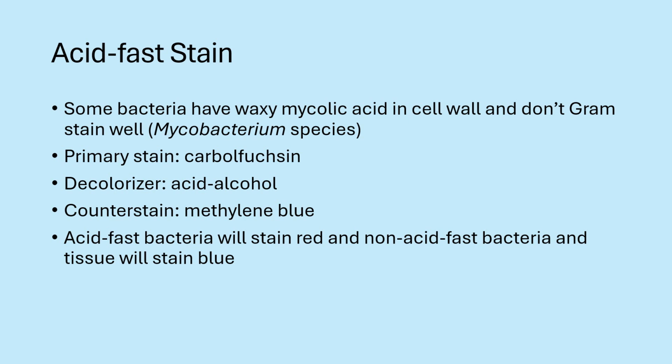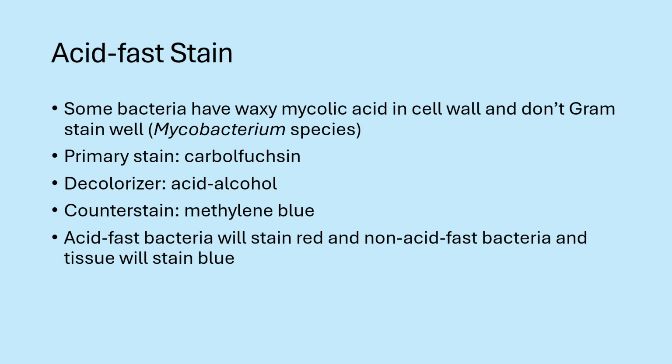And then you remove it from the heat and then you rinse off the carbolfuchsin. Then you have your decolorization step. It's acid alcohol. Gram stain uses ethyl alcohol. Acid-fast stain uses acid alcohol to decolorize. Then you add your counterstain, or your secondary stain, which is methylene blue. Leave that on for a minute and then rinse it off, blot it dry.